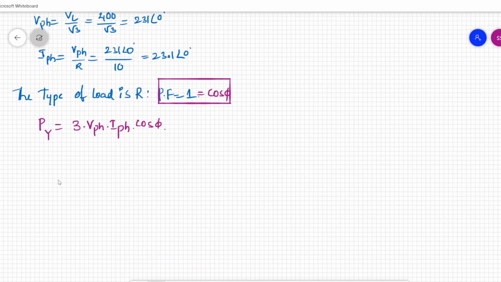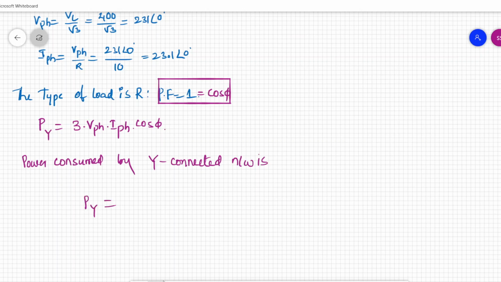Power consumed by star connected network is P star equal to 3 into V phase, which is 231 at an angle of 0 degrees, into I phase, which is 23.1 at an angle of 0 degrees, and cos phi is 1. So the value of power consumed is 16 kilowatts in star connection.